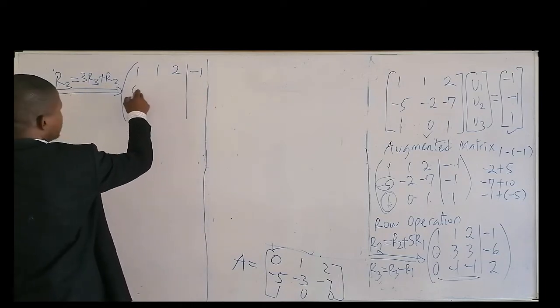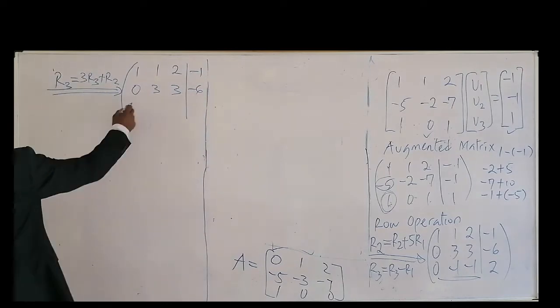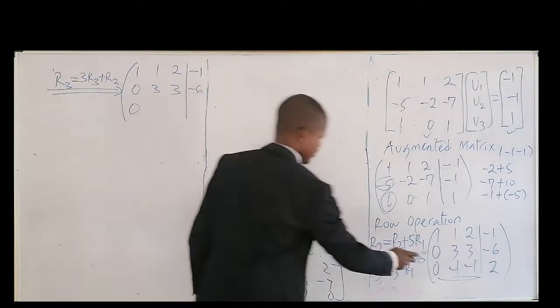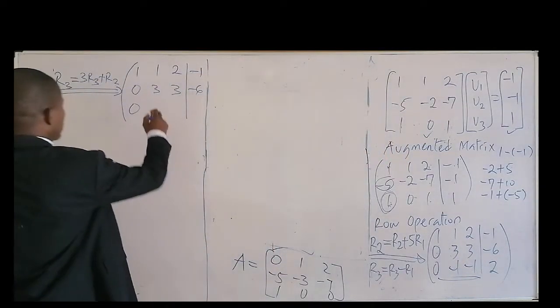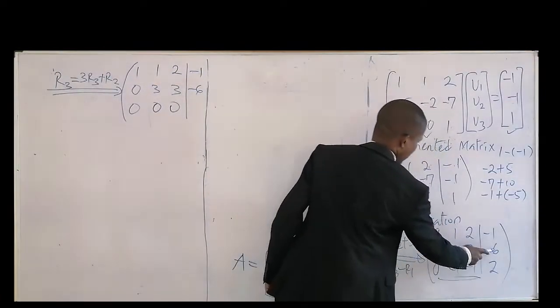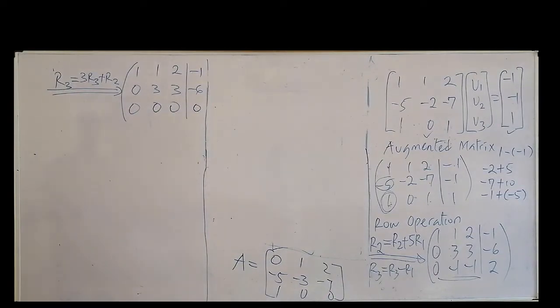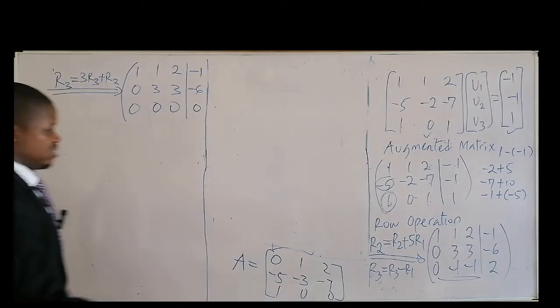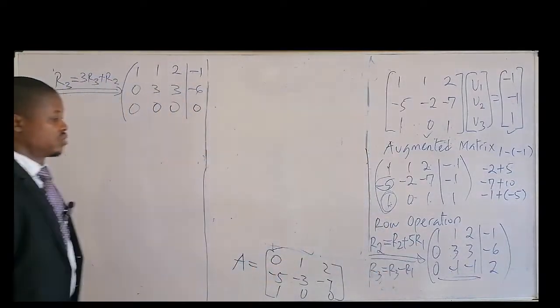Row 2 also is not changing: 3, 3, minus 6. So row 3, this one times 3 plus this one gives 0, 0, and 6 plus this, that's 0.